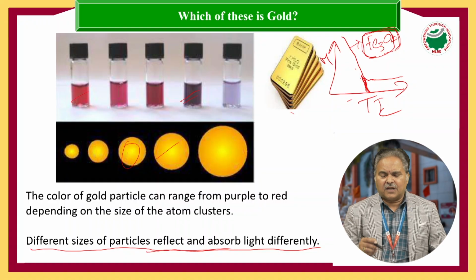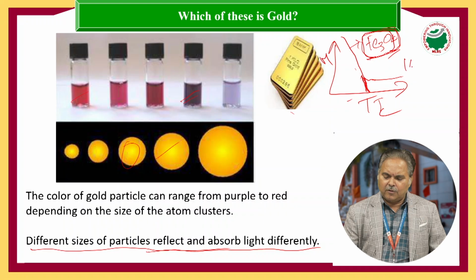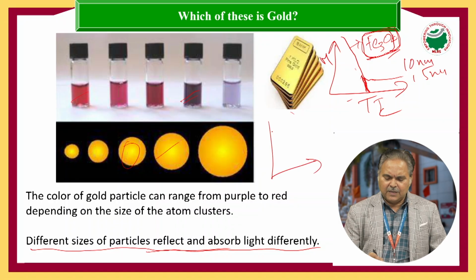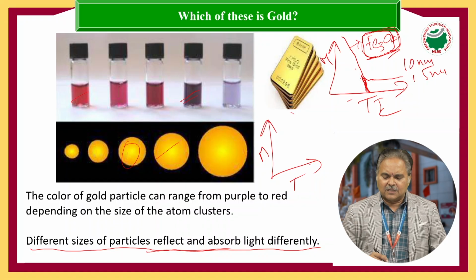Will the same property come or not? Usually the same property won't appear. If you make iron oxide at 10 or 15 nanometers, it becomes superparamagnetic. There is another terminology.